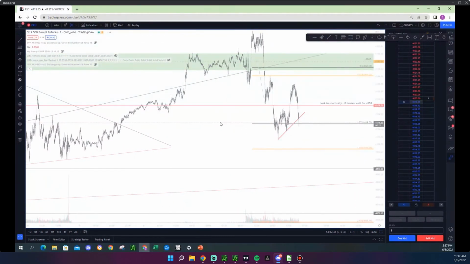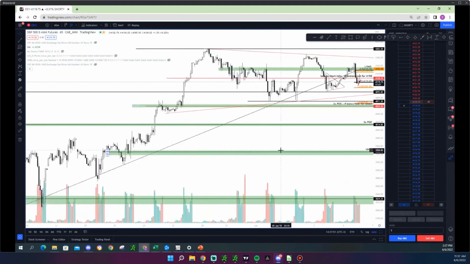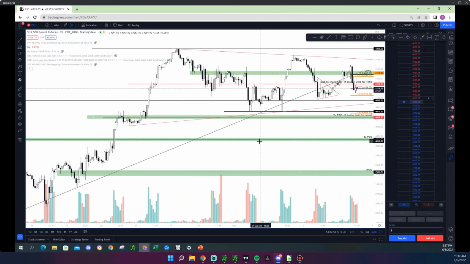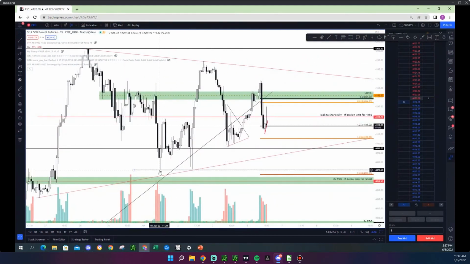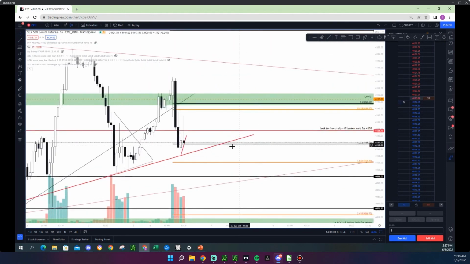Like a massive head and shoulders being created here. Yeah, you guys see that? From here to here. Left, right? I mean, guys, look at this. Look at this 65-minute candle here, please.